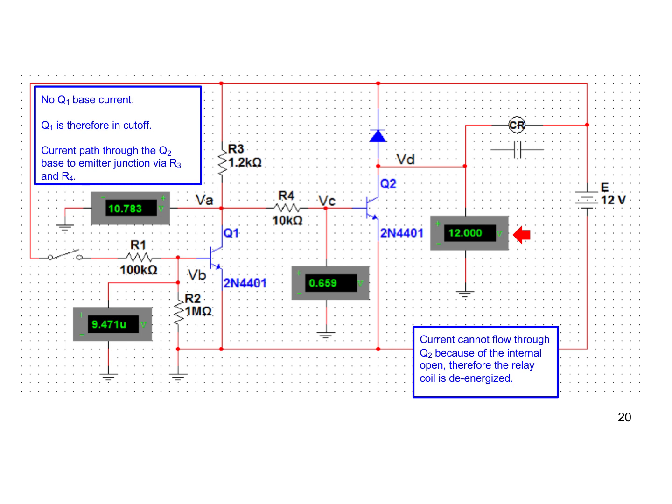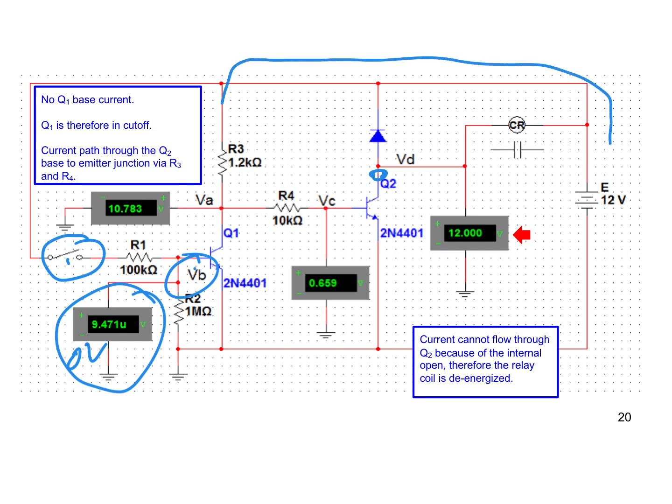Collector open right there. Look at this voltage here. It's essentially 0, and we expect that because the switch is open, so the base voltage here is essentially floating, which is fine.